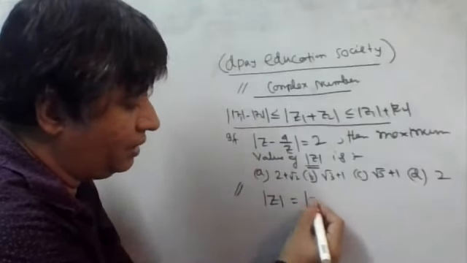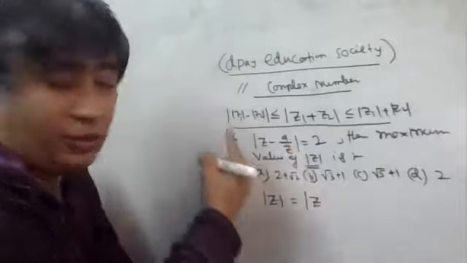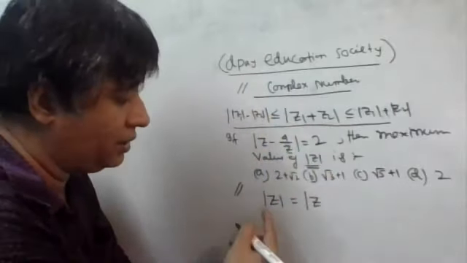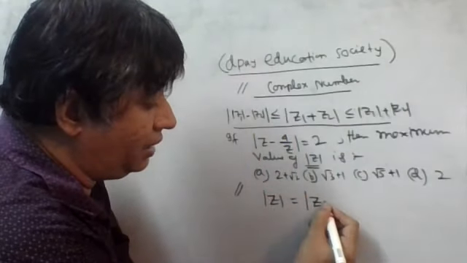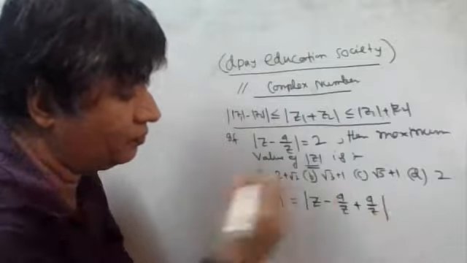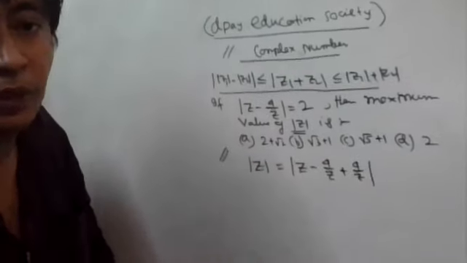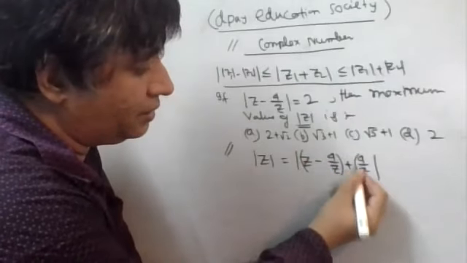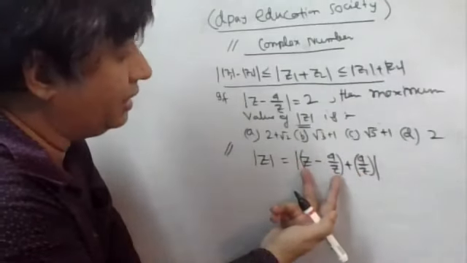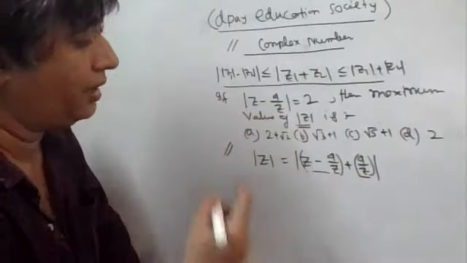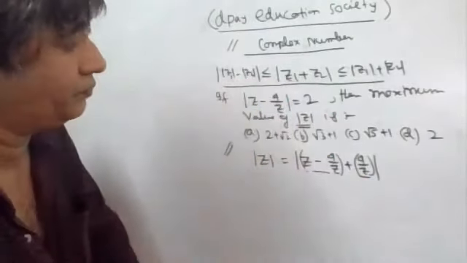Somehow I have to use this, and we are aware of this formula, so you write mod z as mod of (z minus 4 by z plus 4 by z). No problem in writing that. Now put this thing in a bracket, this thing in a bracket, considering this as z1 and this as z2. So I can use this property.